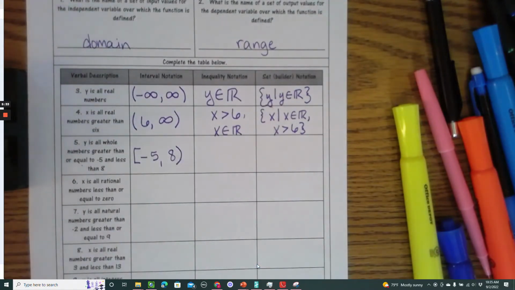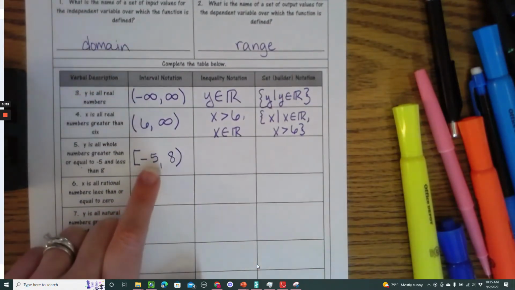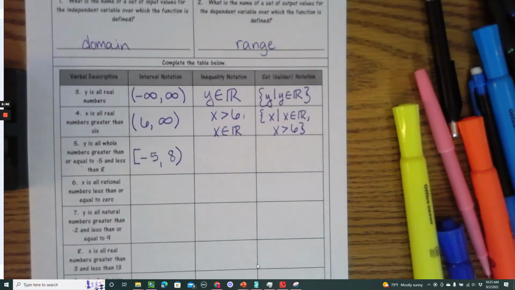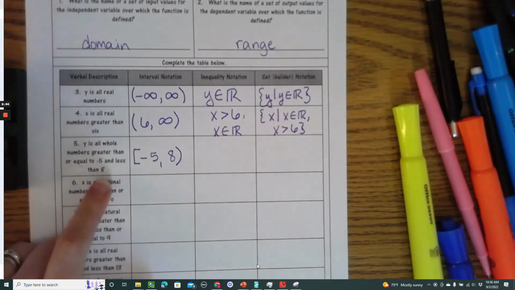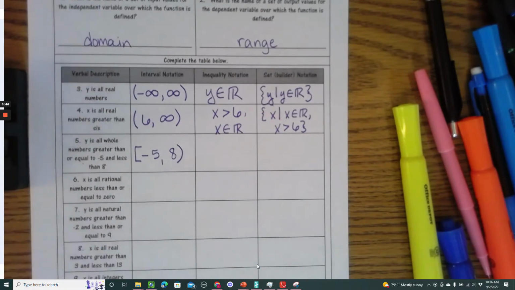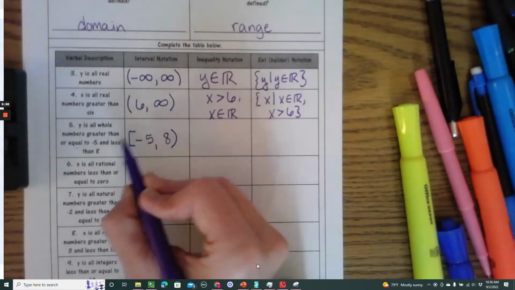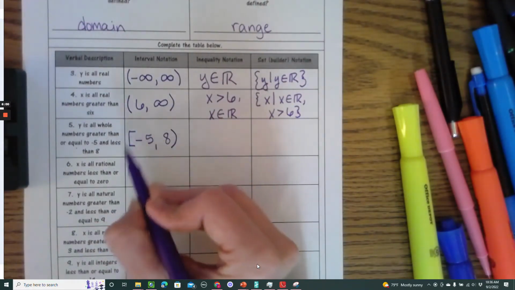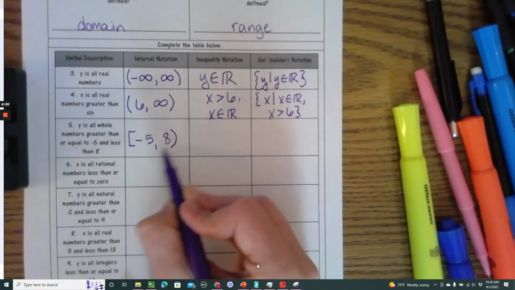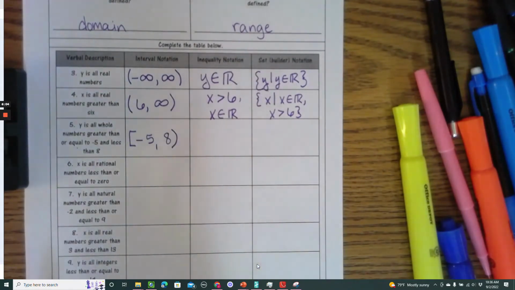Why is it half bracket, half parentheses? Because if it's greater than or equal to -5, that means my answer can be -5 and then anything above it. But if my answer has to be less than 8, it can be any number all the way up to 8, but it cannot be 8. You have to stop before you get to 8. Okay? And that defines it, that you can use this number as an answer. That parenthesis says 8 cannot be the answer.